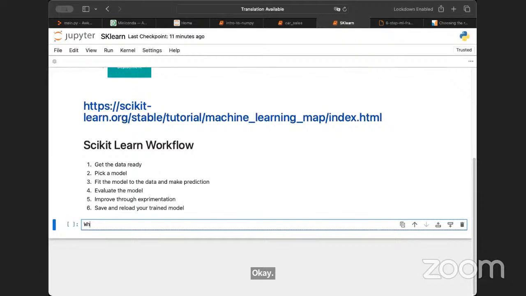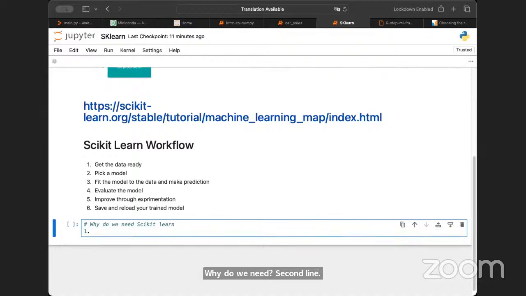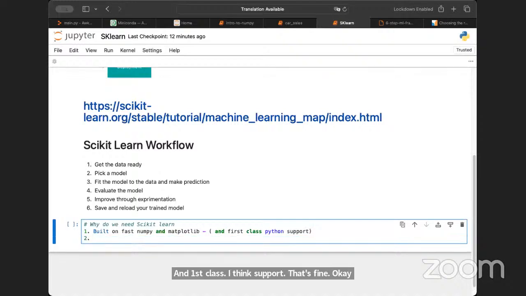Let us write this as well. Why do we need scikit-learn? We need scikit-learn because it is built on fast NumPy, Matplotlib, Python, and has first class Python support. Then it has many inbuilt machine learning models.